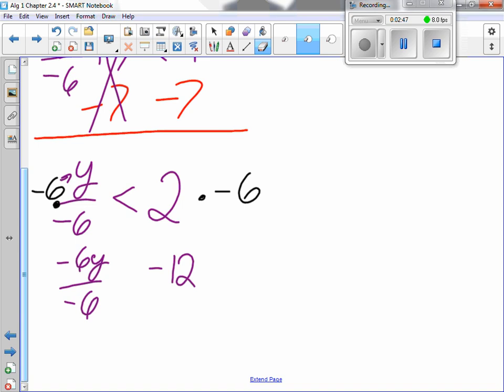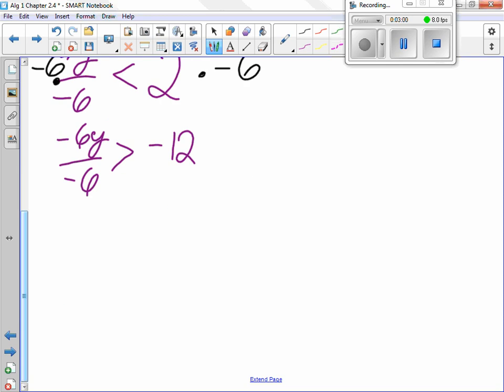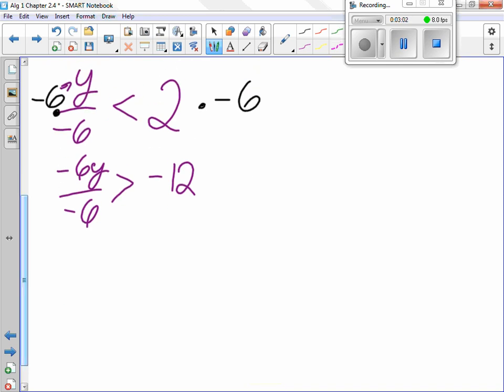Well, remember, whenever we multiply or divide by a negative, we have to flip the sign. So since it was less than, it's now greater than. Because we multiplied by a negative number, we have to flip that sign. And what is negative 6 divided by negative 6? It's just 1, yes? So y is greater than negative 12.